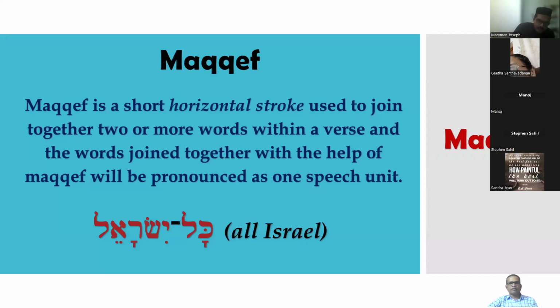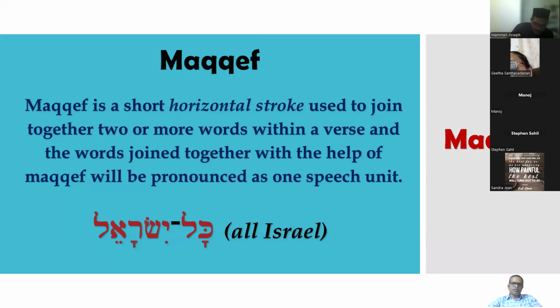The role of makaf is to join two or three words together and make them one speech unit. If you read the Hebrew Bible, you will encounter makaf joining two or three words, making them one speech unit. Another point to understand with regard to makaf is that whenever two or three words are joined together, the first word will carry a short vowel.